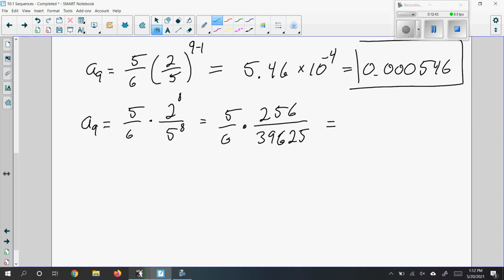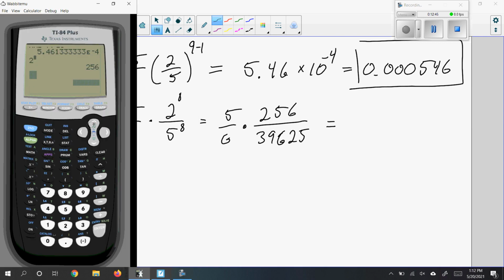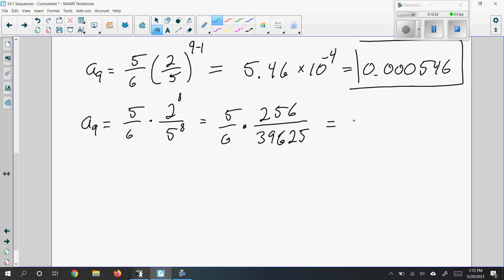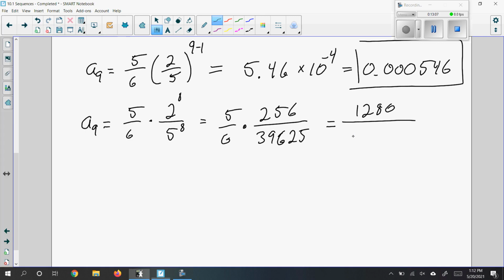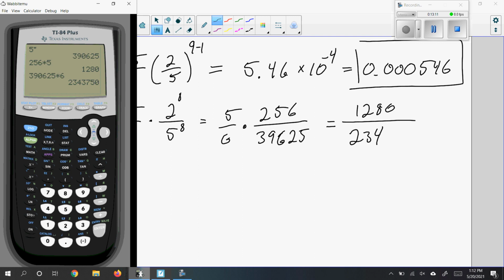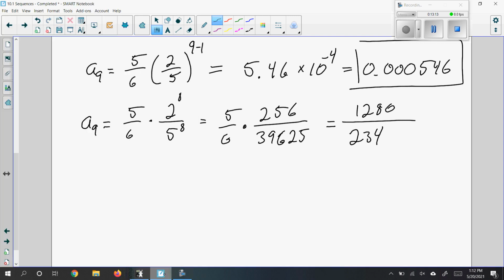And now we'll go ahead and multiply 256 by 5. And we'll go ahead and multiply this by 6. We get this big old number, 2343715.